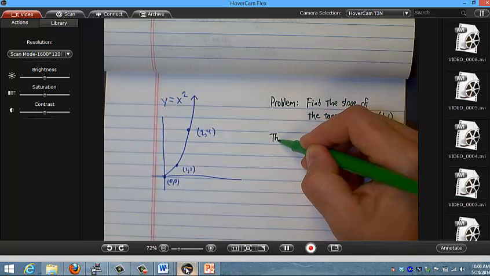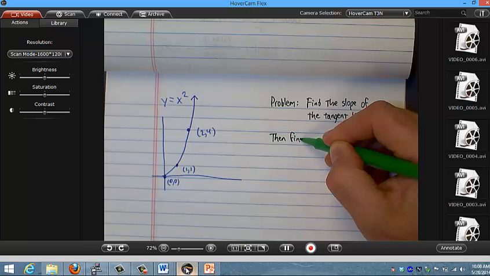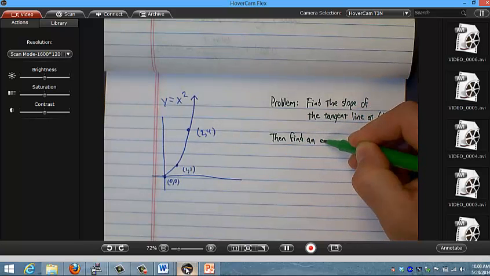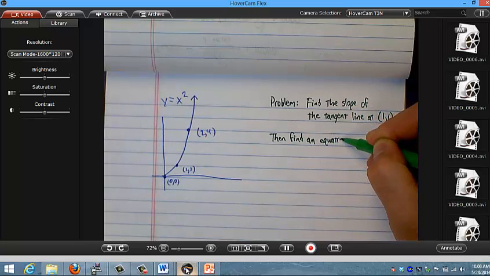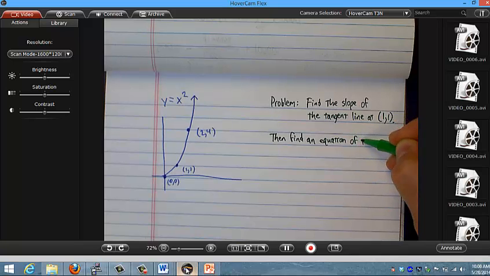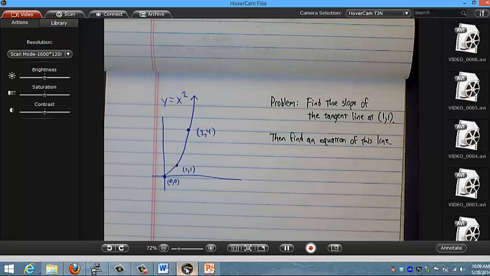Then I'm going to say, then find an equation of this line. So these are things that I think you know how to do. So I'm going to pause and let you do them, and then we'll go ahead and talk.